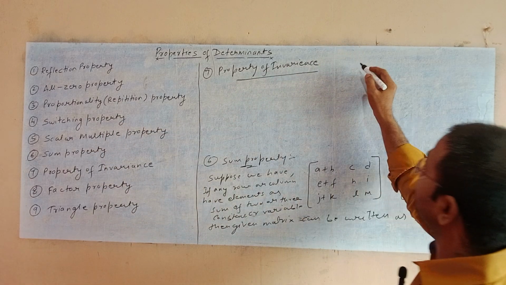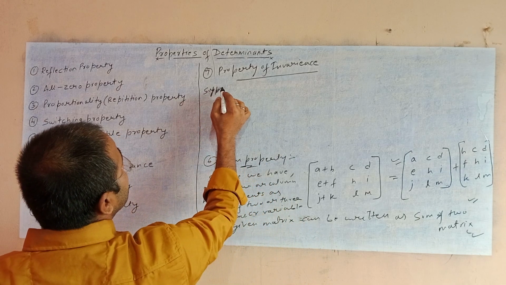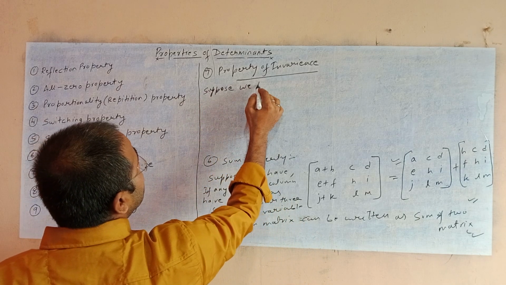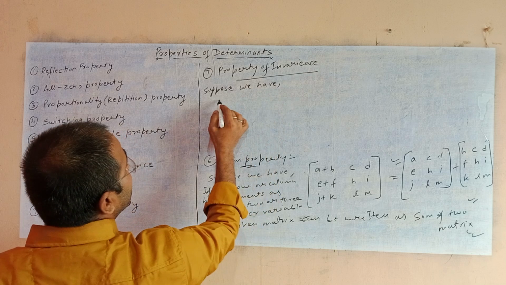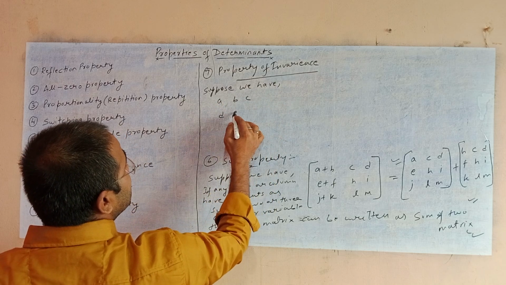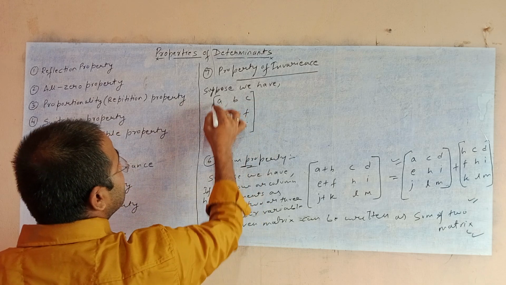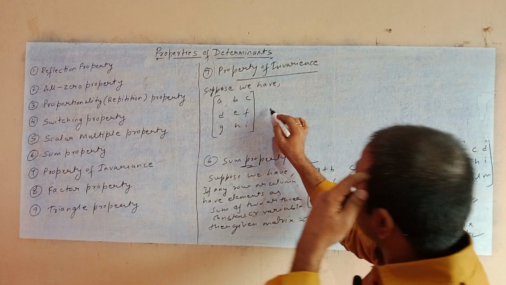Suppose we have the matrix A B C, D E F, G H I. Suppose we have this matrix.